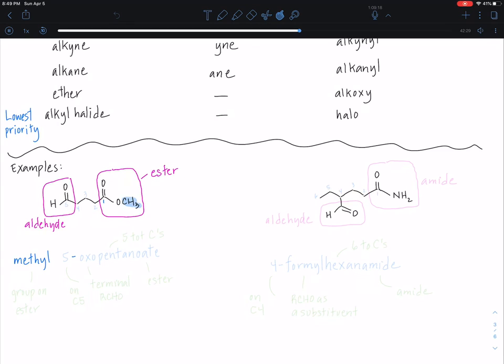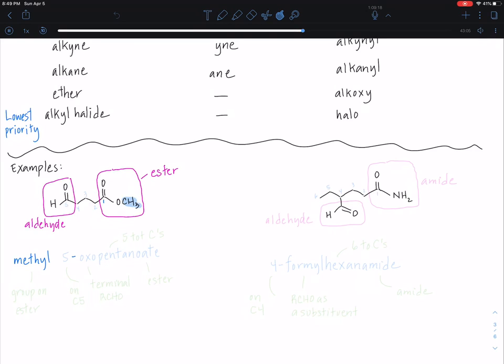Ester's a little weird. So we're going to name the methyl group, and then we're going to begin with the rest of the molecule. So on the 4th carbon, we have some aldehyde functionality. It's not the star of the show. It's a substituent. And what is it though? It's a terminal aldehyde. It's on the end, right? So we're going to use the prefix oxo for that. So we've got, let's see, I think it's the 5th carbon.